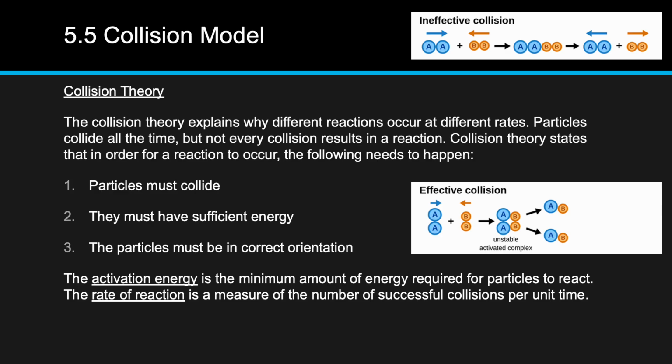If the energy is too low or the orientation is wrong, that collision is going to be ineffective and the particles are simply going to bounce off one another and continue on their merry way. The reaction rate is basically a measure of how many successful collisions happen per second. So anything that increases successful collisions is going to increase our reaction rate.